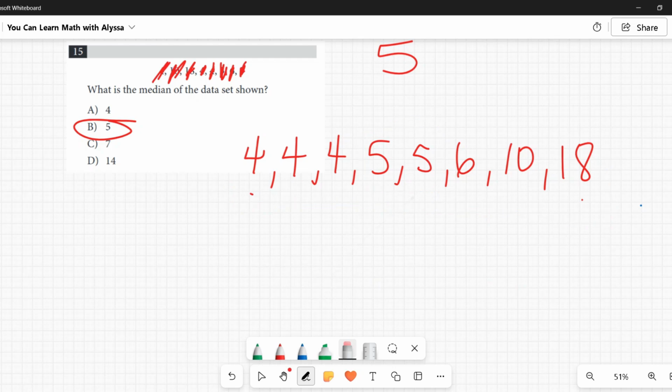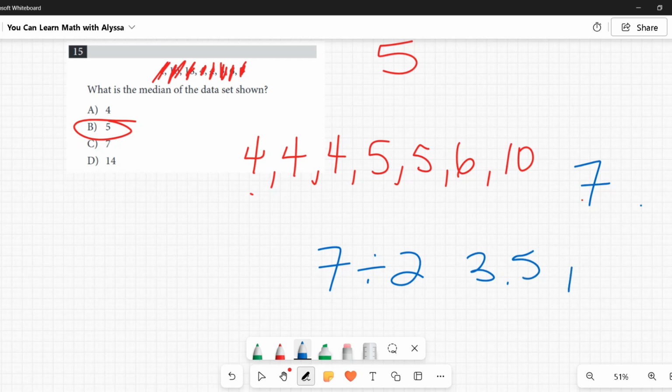If this had been an odd number, so that there were 7, you say 7 divided by 2 gives you 3.5. You go up to the next one, and that's 4. It's the 4th number in the data set. So again, if it's odd, you're going to get this 0.5 or something.